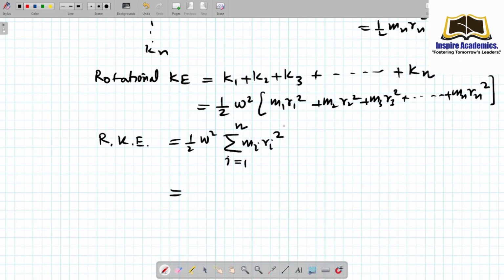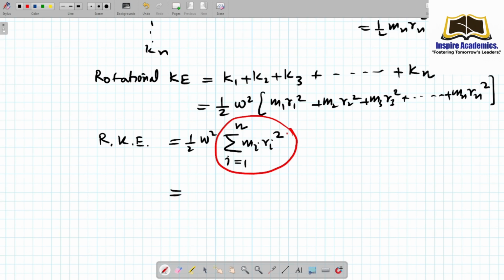And this parameter, as I told you, what does it stand for? Sigma mi ri square from 1 to n. The whole parameter, what is it known as?